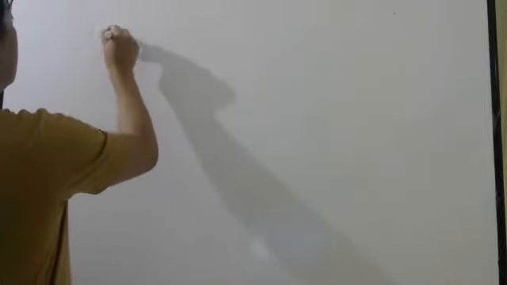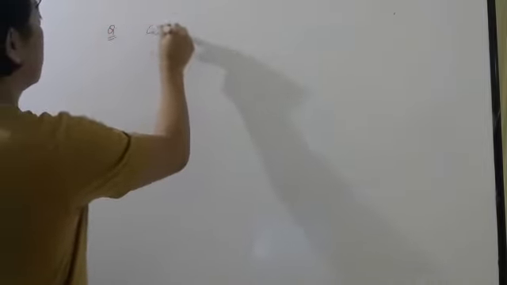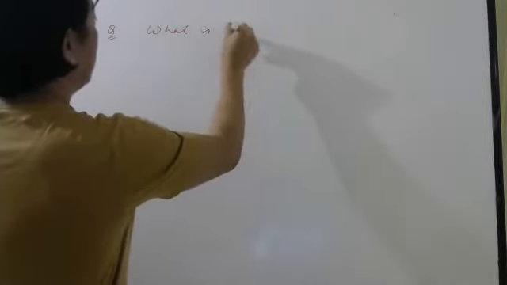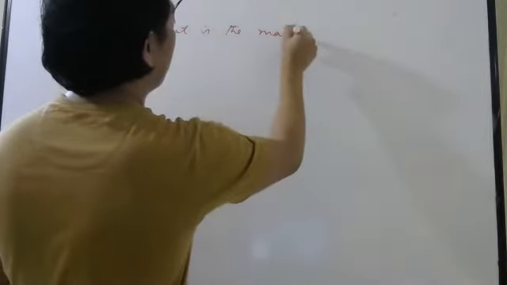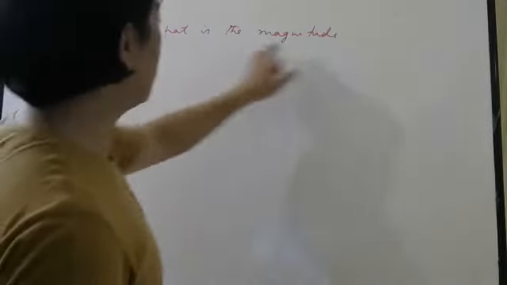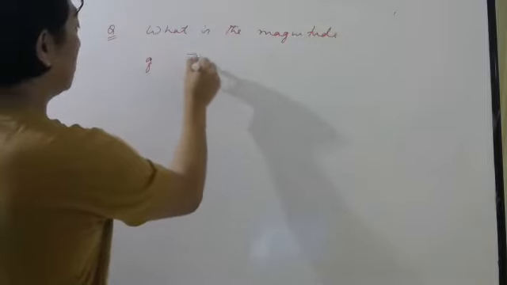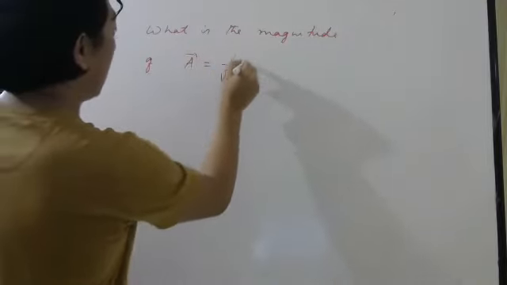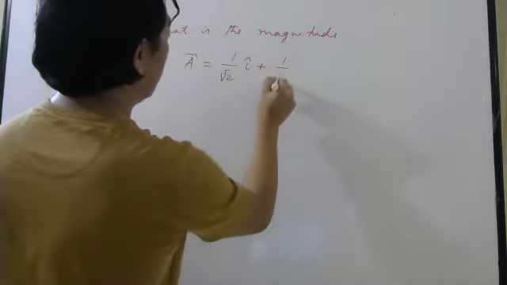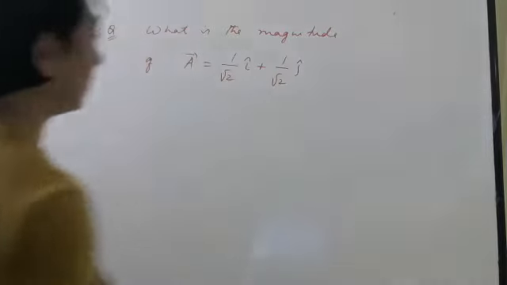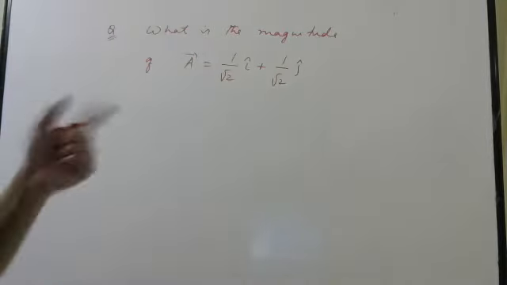One more question you see. What is the magnitude? This is a very interesting vector, okay? So I want the magnitude of A bar, which is equal to 1 by root 2 i cap plus 1 by root 2 j cap. Try this. Simple question, I know.